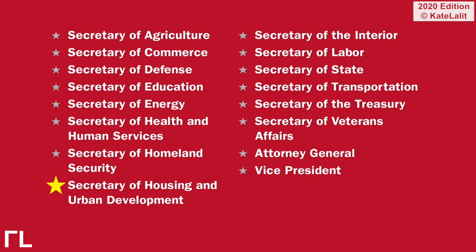Secretary of Housing and Urban Development. Secretary of the Interior. Secretary of Labor. Secretary of State. Secretary of Transportation. Secretary of the Treasury, Secretary of Veterans Affairs, Attorney General, Vice President.